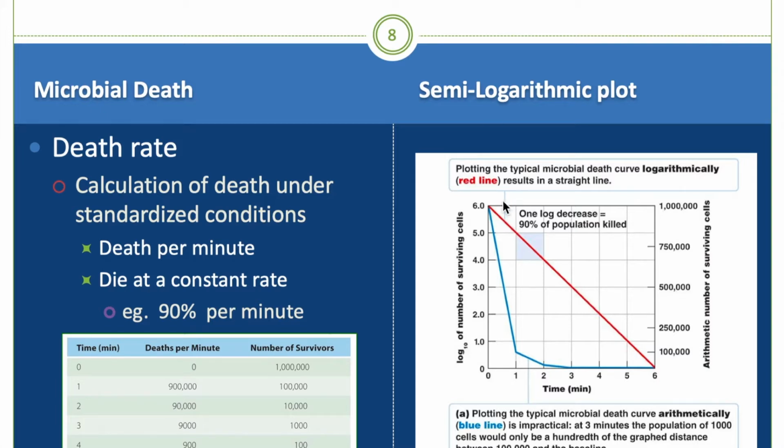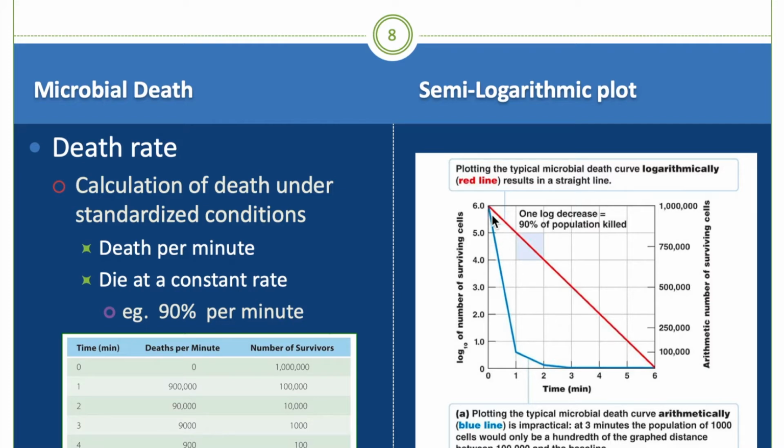If we look at the practical graph, say you have log 6 of cells, about 1 million cells, and you are applying a particular bactericidal, a chemical that is going to kill the bacteria.